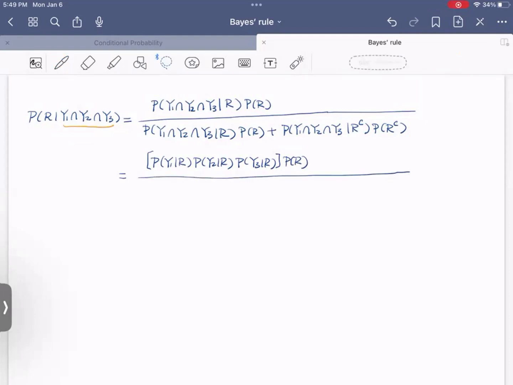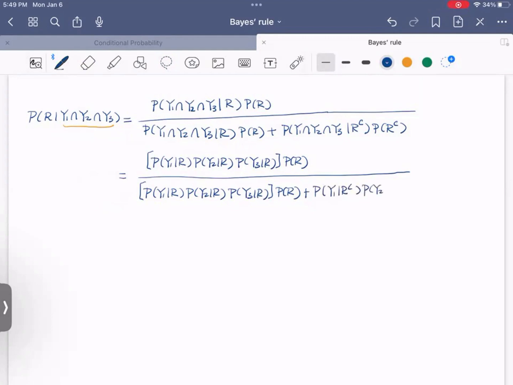Okay, we can copy this and paste here. And then plus P of Y1 given R complement, P of Y2 given R complement, P of Y3 given R complement, together times P of R complement.